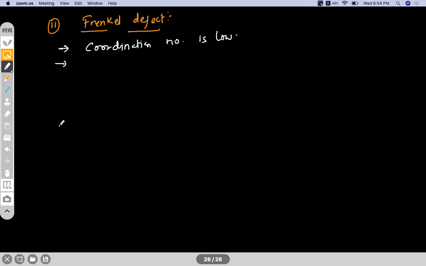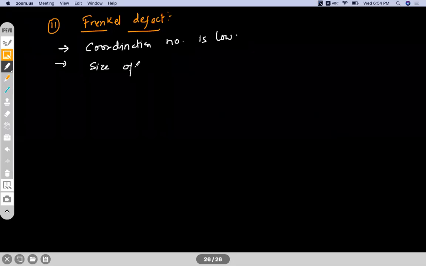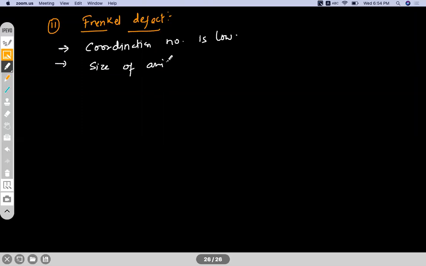Condition: the size difference of anion and cation should be more, so the size of anion should be bigger than that of cation. So in these two cases, this kind of defect is possible.